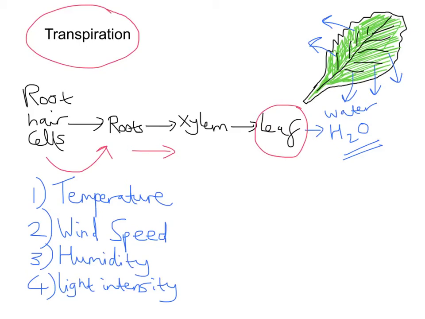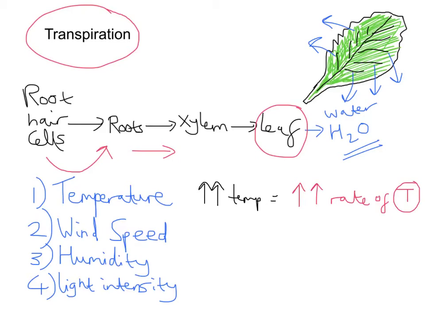So let's think through each of these factors and how they affect transpiration. So temperature. We'll imagine increasing these factors at each point. So if we were to increase the temperature, that would increase the rate of transpiration. I'm just going to put a T in a circle to represent transpiration, that process there. Let's think why.